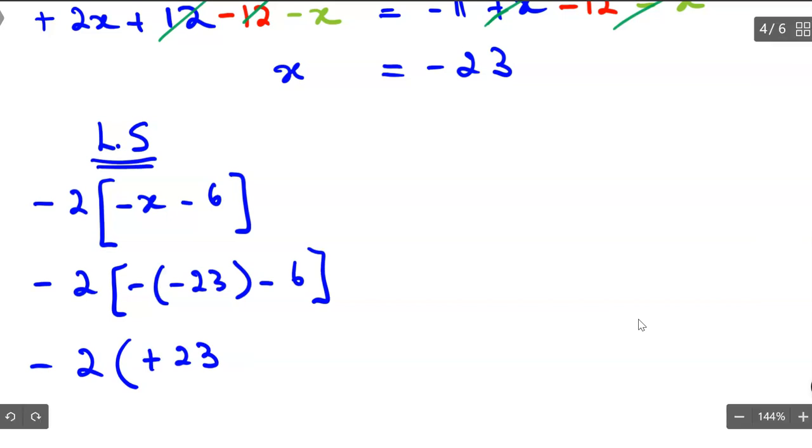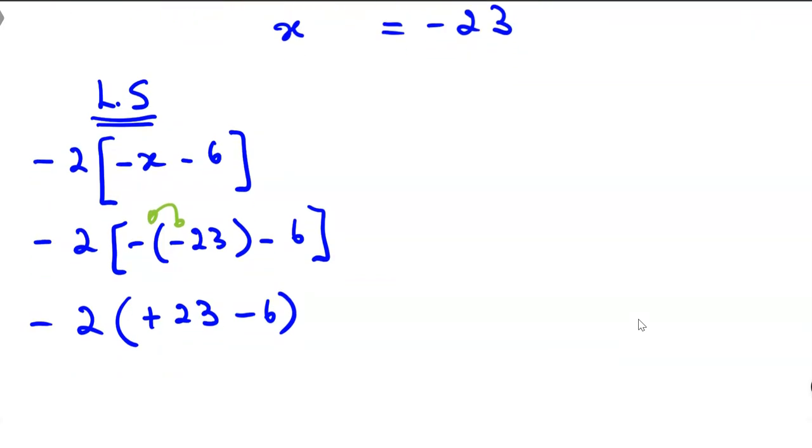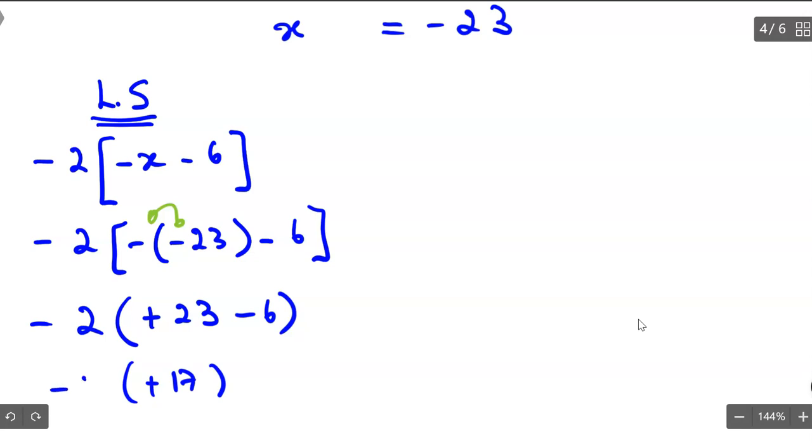Here, negative times negative will give me a positive. So this one is subtract 6. Inside the bracket I should have 23 subtract 6. So that should give me a positive 17. Multiply that with negative 2, and it should give me negative 34.